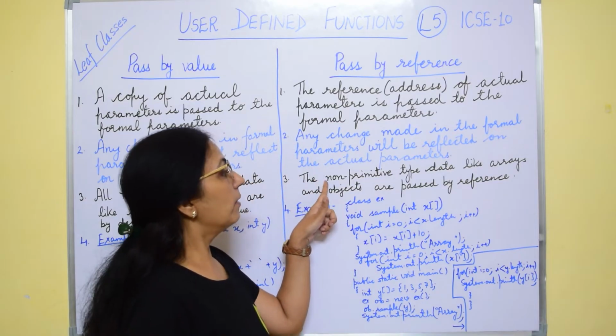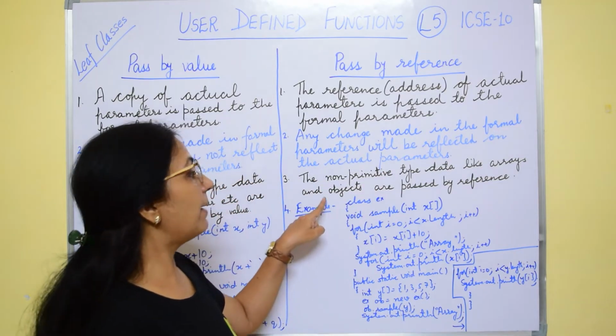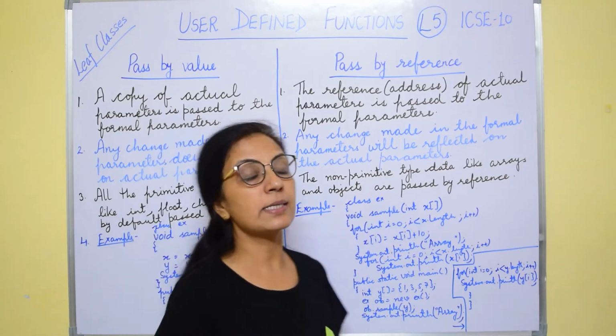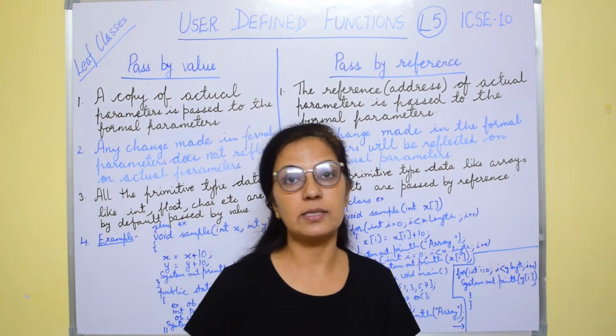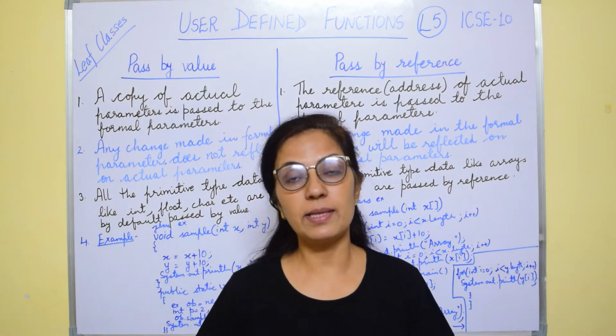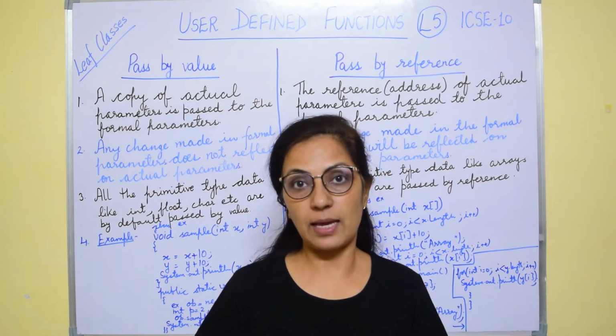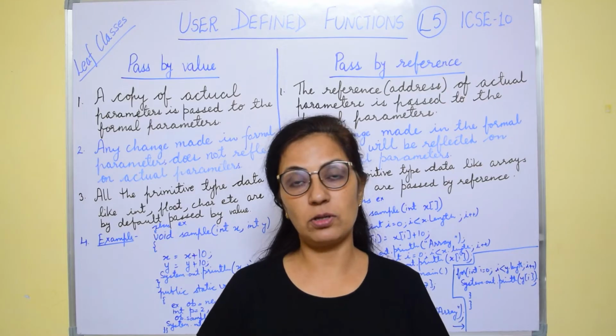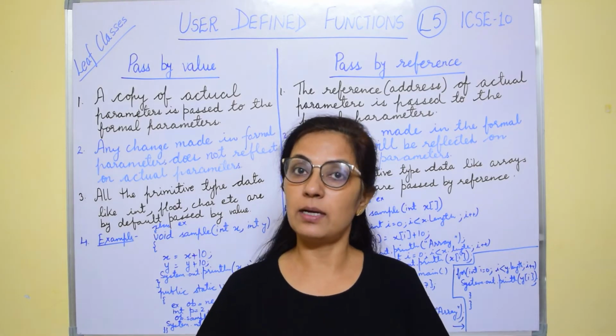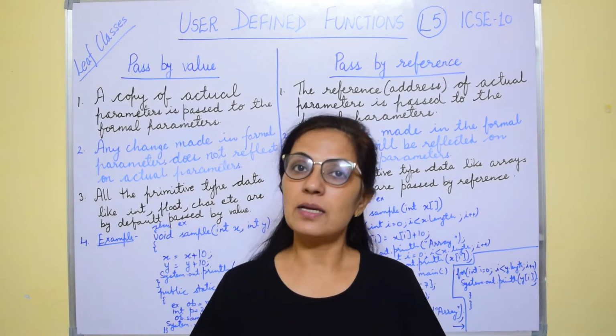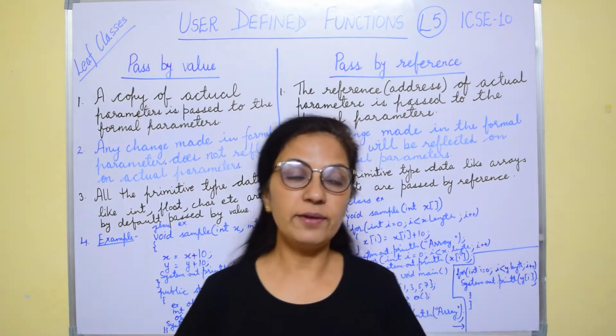And here the non-primitive data types like arrays and objects are passed by reference. Whenever we call any method using actual parameter as arrays type, or we pass an object, its address is passed, so that is passed by reference.